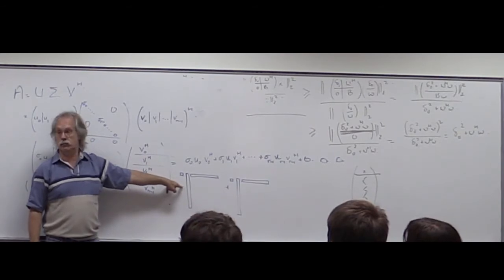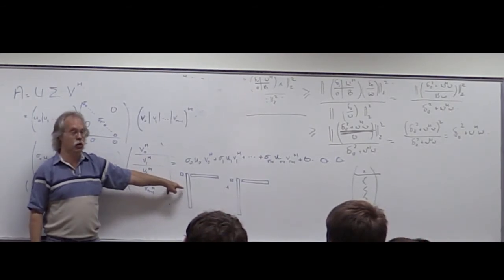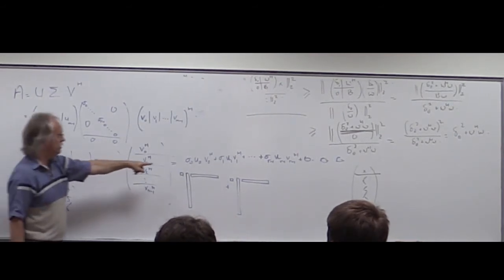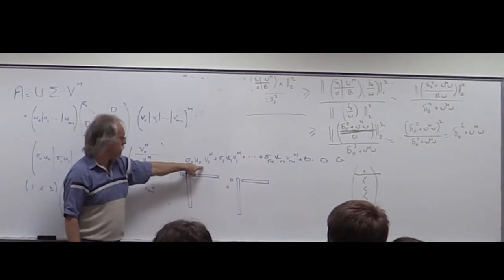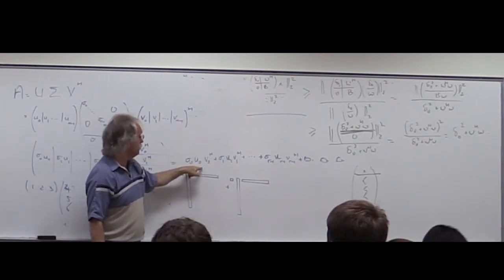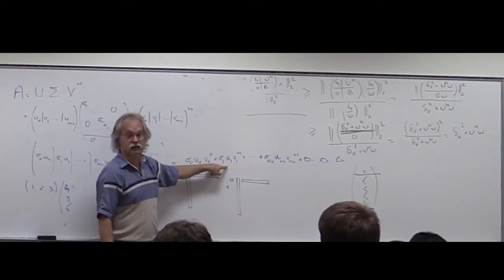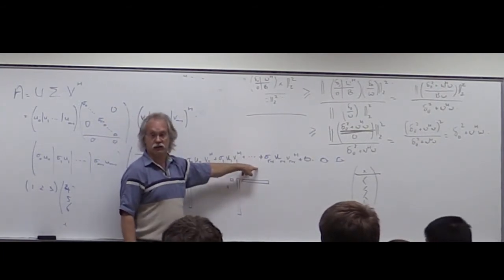So, another interpretation of the singular value decomposition is that any matrix A can be written as a scalar times a rank 1 matrix, or a scalar times an outer product, plus a scalar times an outer product, plus a scalar times an outer product, r of those.